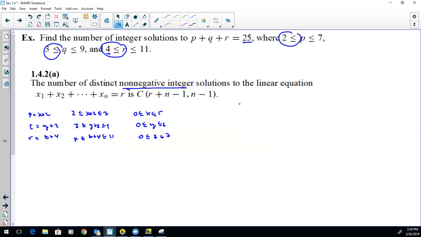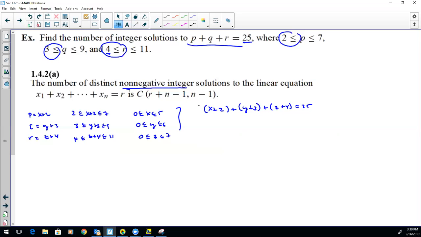Now, when you put these things into our equation here, P is x plus 2, Q is y plus 3, R is z plus 4, equals 25.